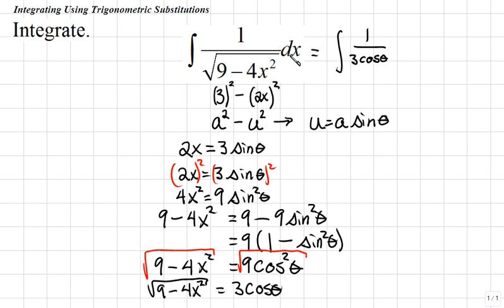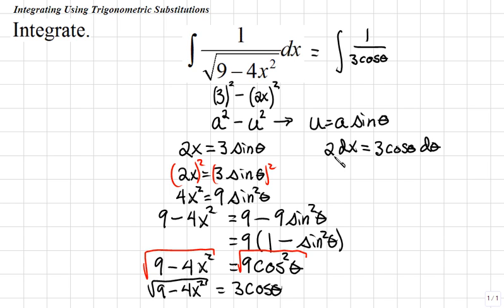Next, we need to also manipulate dx into an expression with d theta. To do that, we'll differentiate our original substitution of 2x equals 3 sine theta. So differentiating the left side, we'll get 2 times dx, and on the right side, the derivative of 3 sine theta becomes 3 cosine theta d theta.